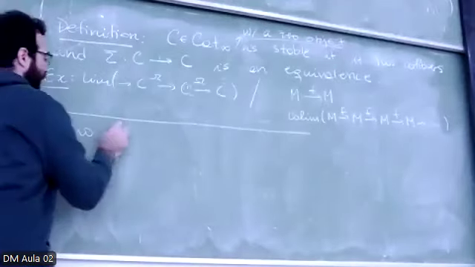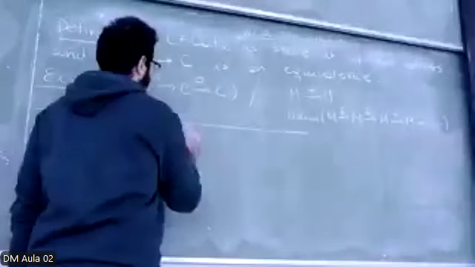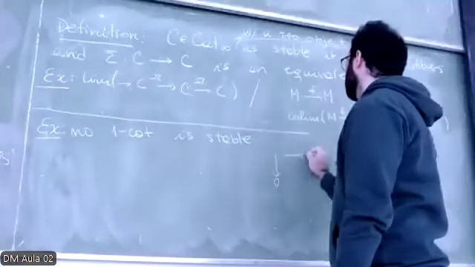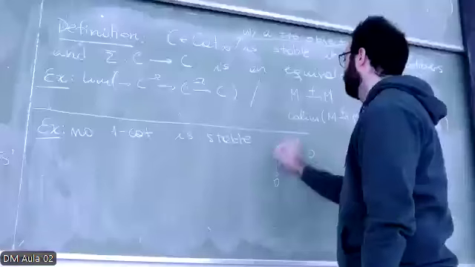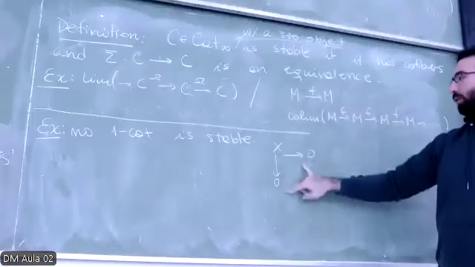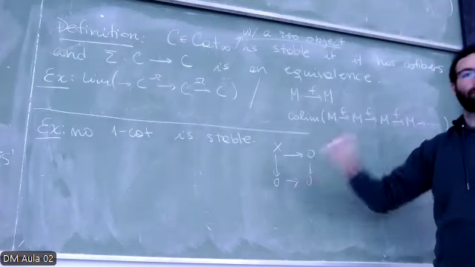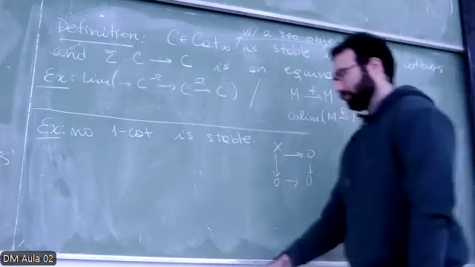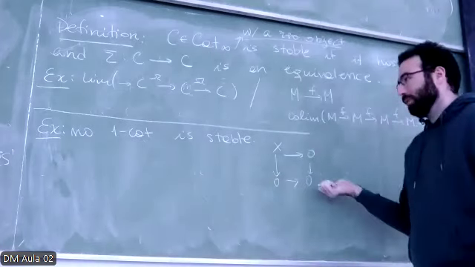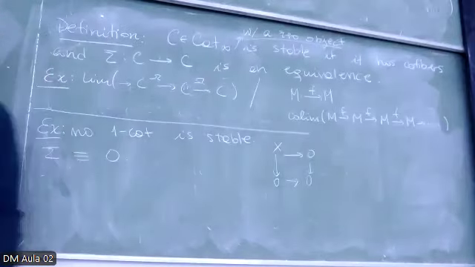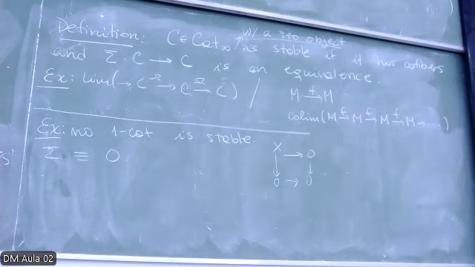The reason is exactly the same as in modules: the suspension is a certain pushout with zeros here, and in 1-categories this will be 0 again. So the suspension functor for 1-categories is the constant functor on the 0 object, and that can only be an equivalence in the trivial case.